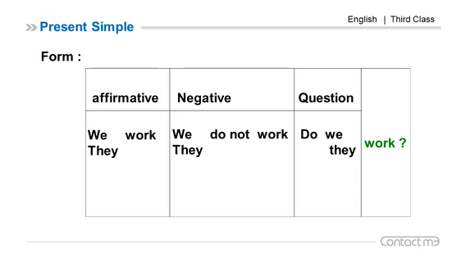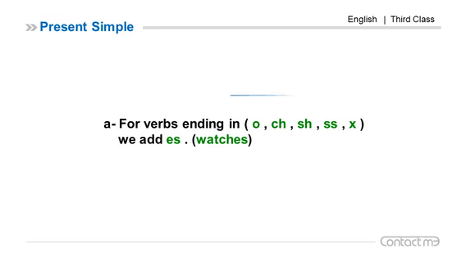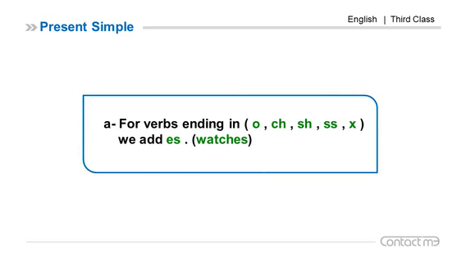From the formation table, we can see that we use the verb without s with 4 pronouns: I, we, you, they. We add s to the 3rd person singular: he, she, it. Infinitive plus s. There are some exceptions.